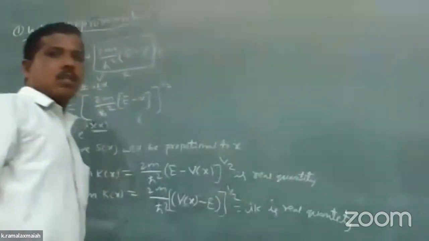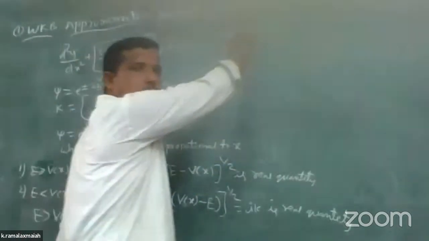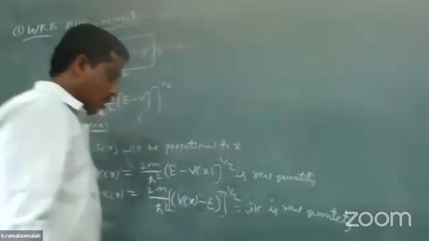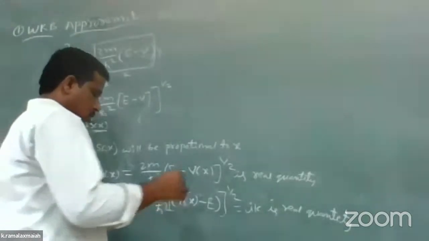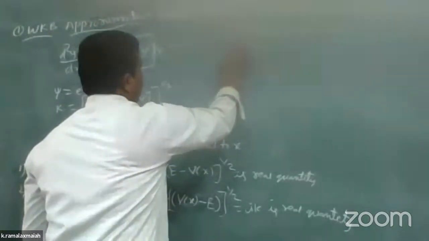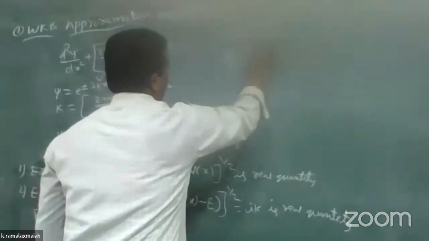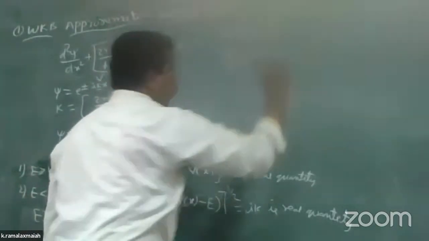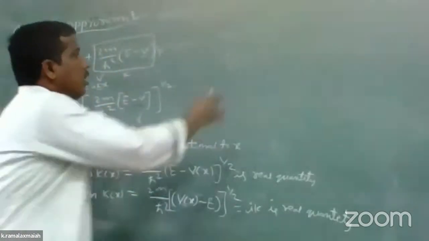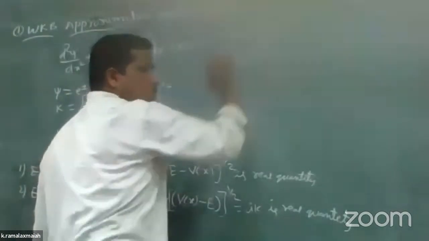That equation is d square xi by dx square plus k square xi is equal to 0.